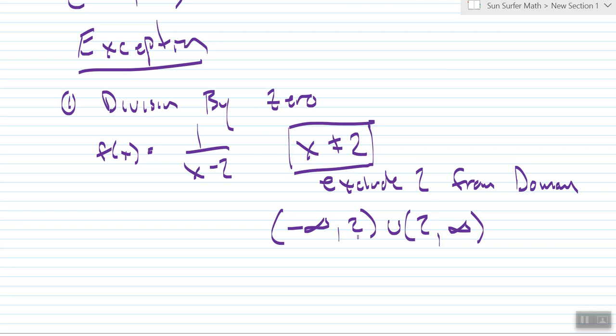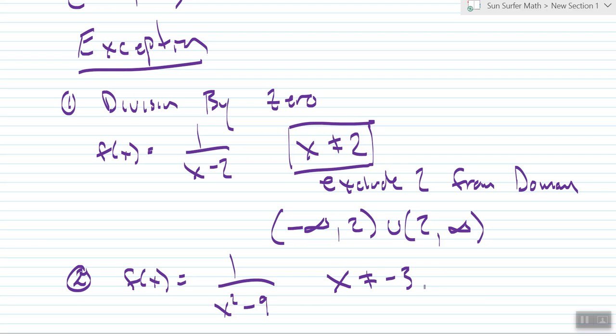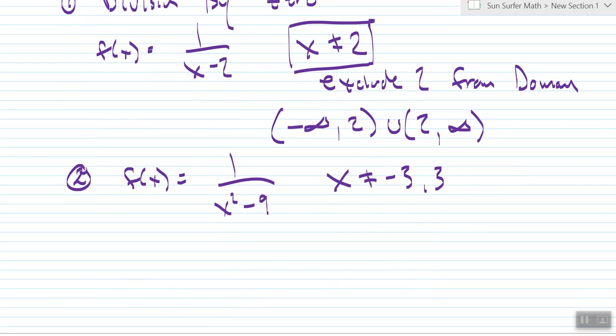Okay, let's just do one more example, division by 0. So if we have the function 1 over x squared minus 9, in this particular case, x could not be equal to either negative 3 or positive 3. If x is either one of those values, then we're going to get division by 0. Negative 3 squared would be 9 minus 9 is 0. 3 squared minus 9 is 0.